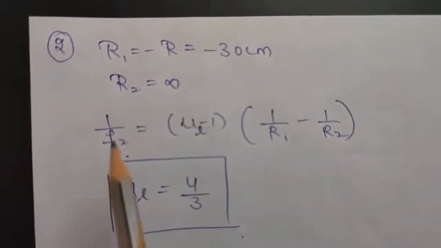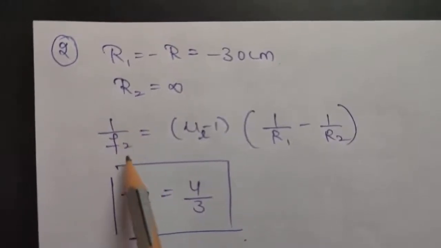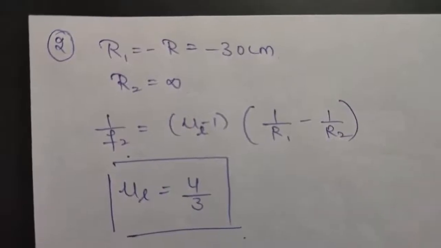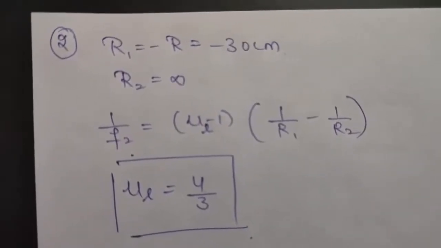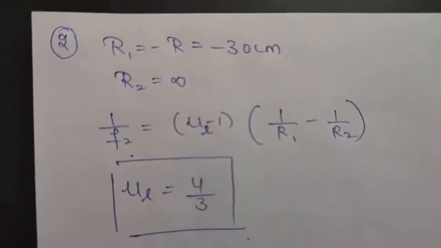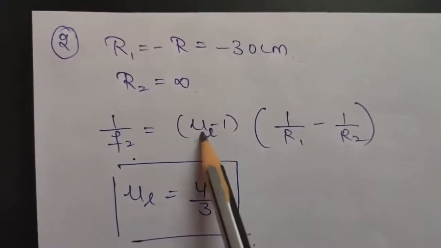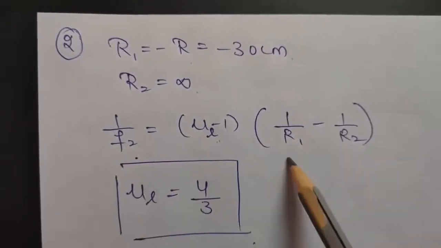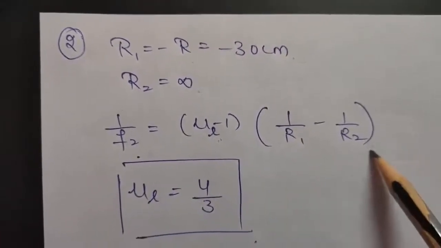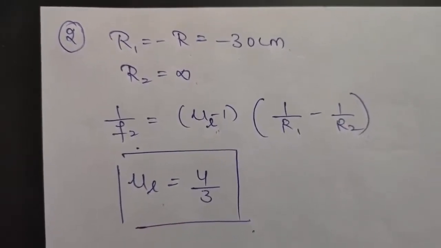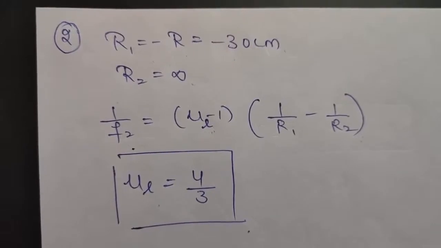Using lens maker's formula, 1 upon F2 equals mu L minus 1 into 1 upon R1 minus 1 upon R2, where mu L is the refractive index of the liquid lens. You know F2, R1, R2, put all the values and solve it. You will get the refractive index of the liquid to be 4/3.